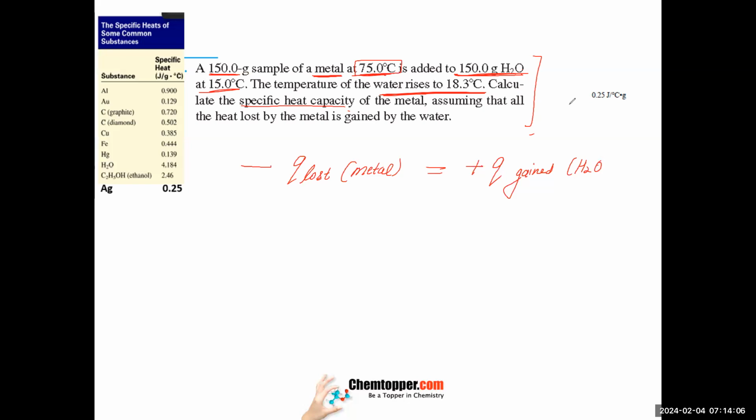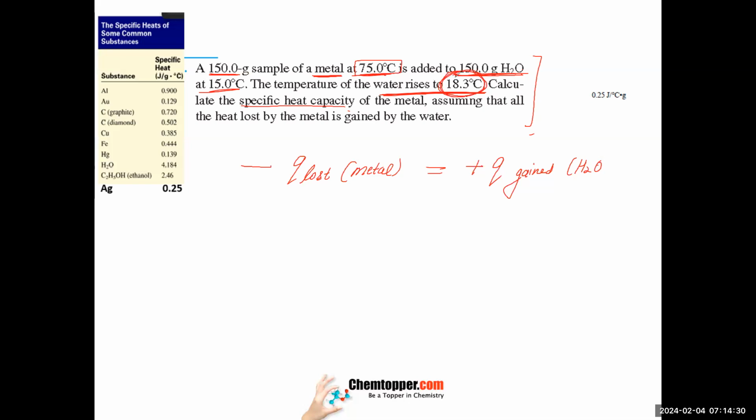Do you know the final temperature here? Do you know the final temperature of both the systems? Or do you know the final temperature of water? Yes, the final temperature of water is this, 18.3. This one.